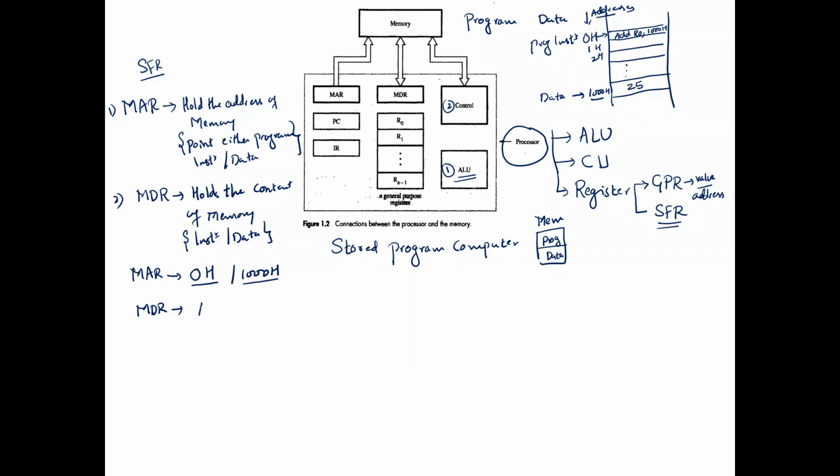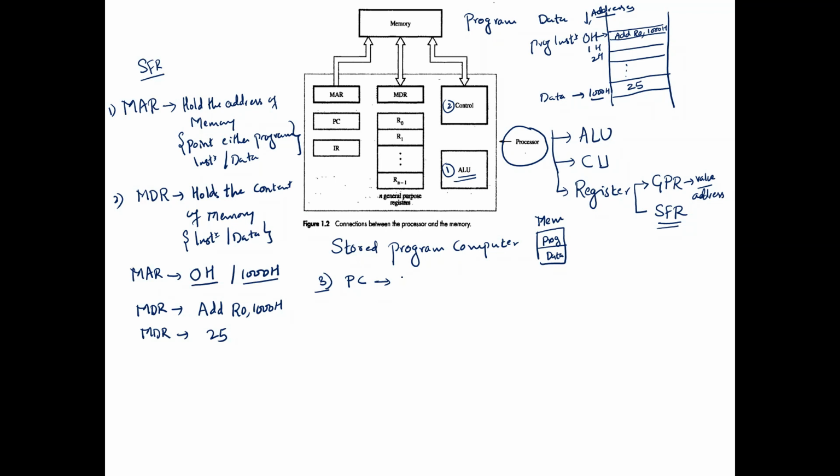ADD R0, 1000H. If MAR is pointing to the value's address, the content of MDR will be 25.